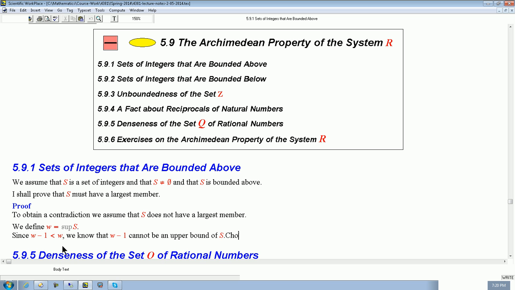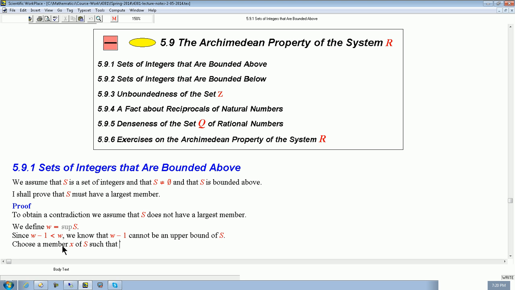Choose. Let's make a new line. Choose a member, should we call it X of S, such that W minus 1 is less than X. The number W minus 1 is not an upper bound of S. Using that information, I chose a member of S that is bigger. Okay?